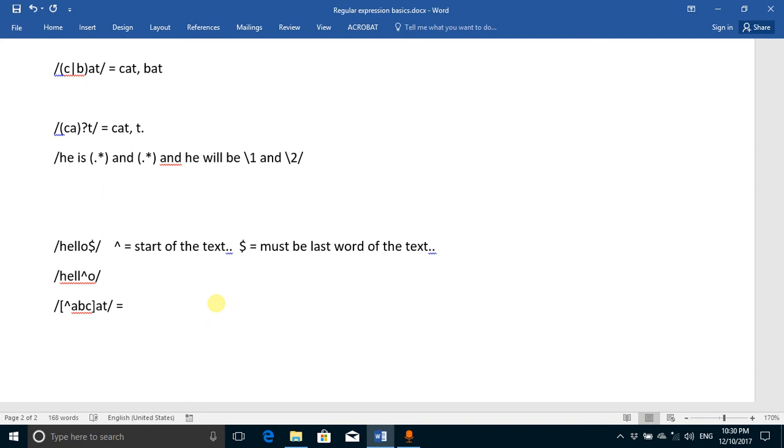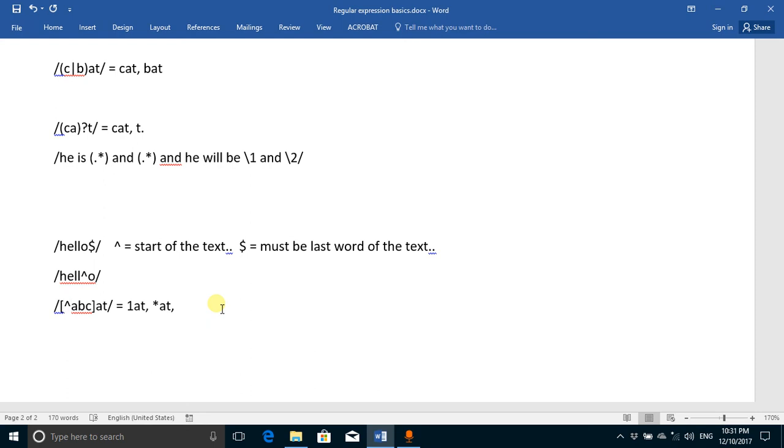It is not legal. Similarly, BAT and CAT are not legal words. So we can take any character other than ABC at the start of these two characters. So 1AT is legal. Similarly, ^AT is legal. Actually, anything is legal at this place other than these ABC letters. So caret sign here comes in the meaning of not.